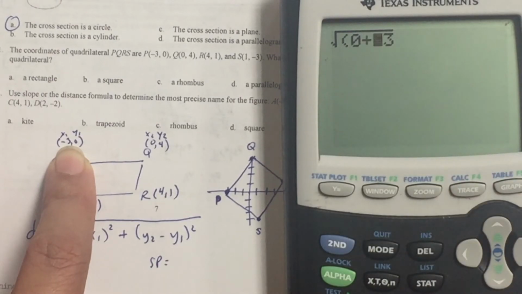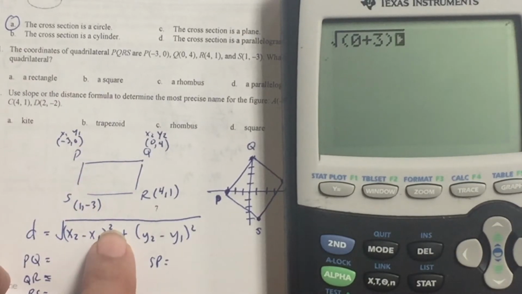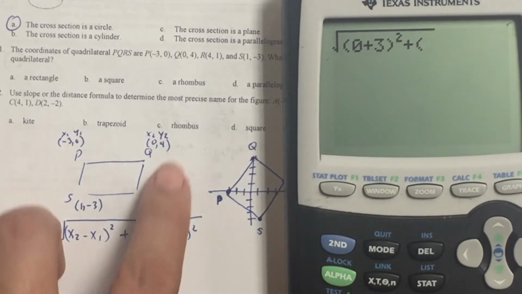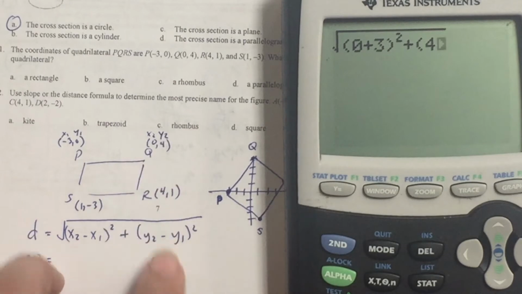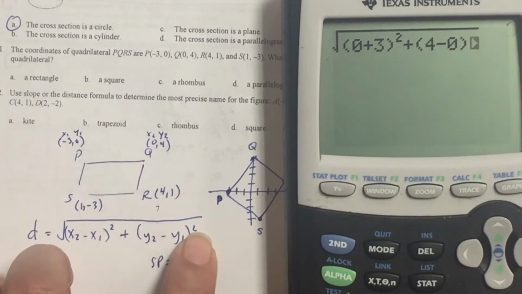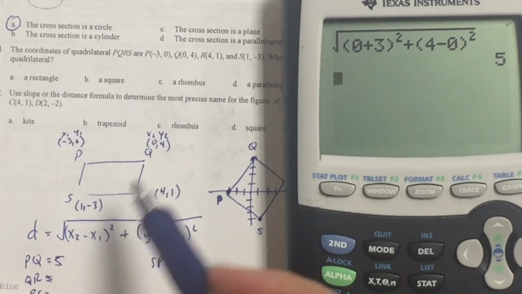So it's going to be plus 3, close parentheses, squared, plus, open parentheses, y2 is 4, minus y1, which is 0, close parentheses, squared. And you see the squared's over everything, which is 5. So PQ is 5.